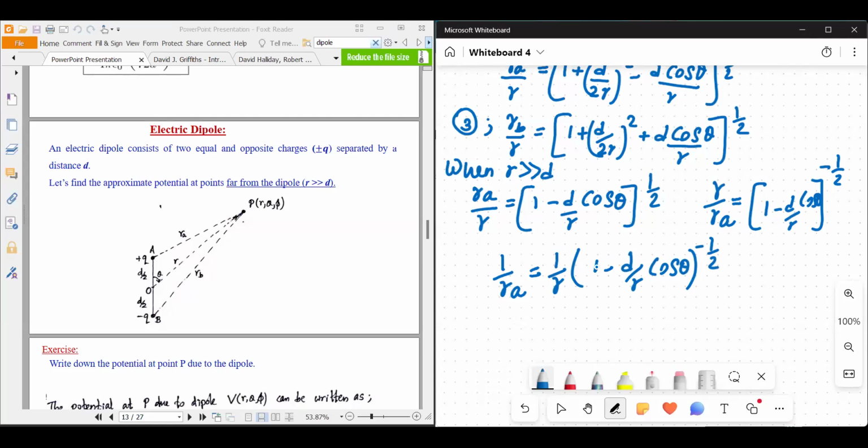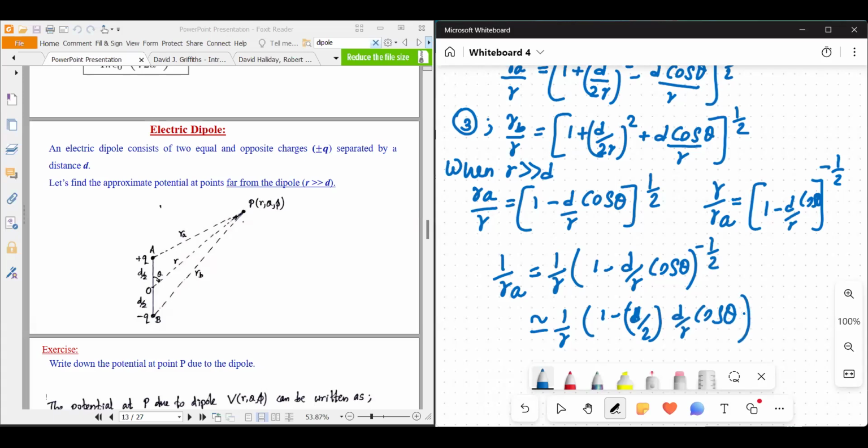If we write the Taylor expansion for this term, since R is very large than D, this will be approximately 1 over R times 1 minus half D over R cos theta, with power minus half.